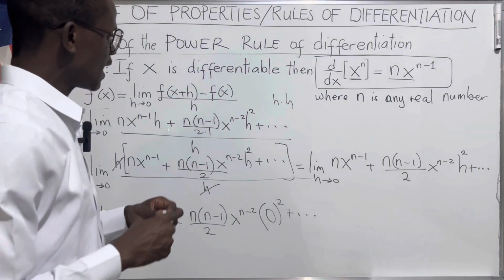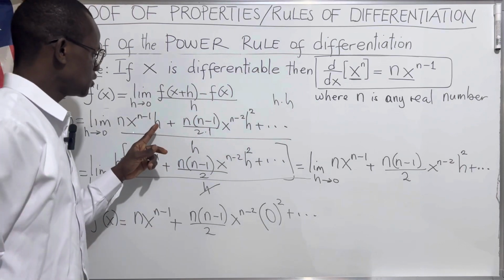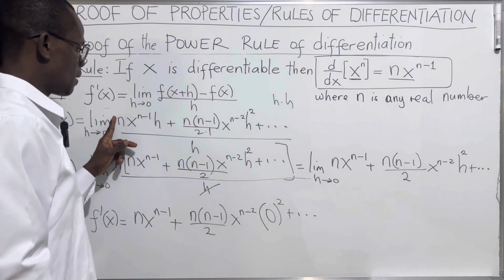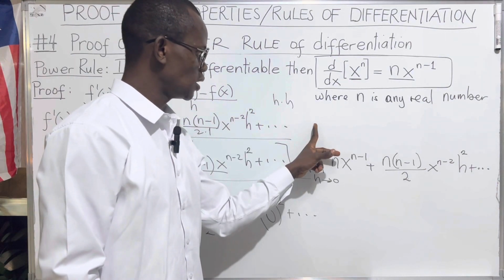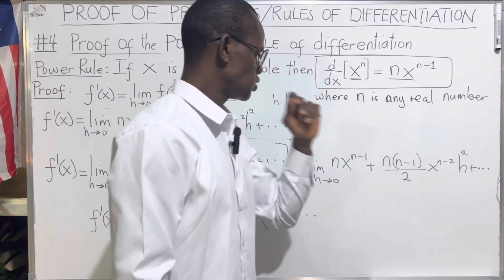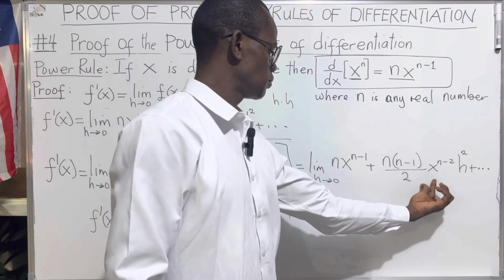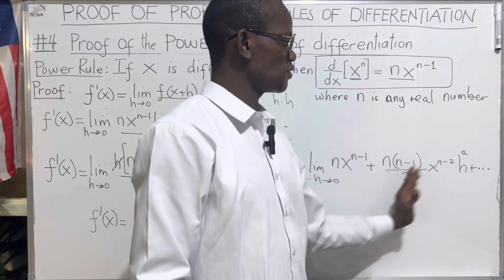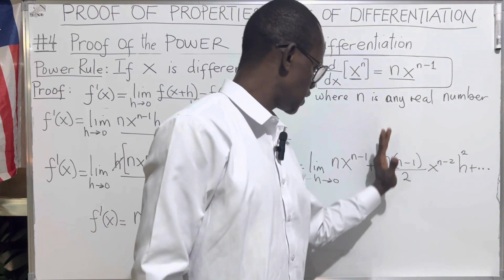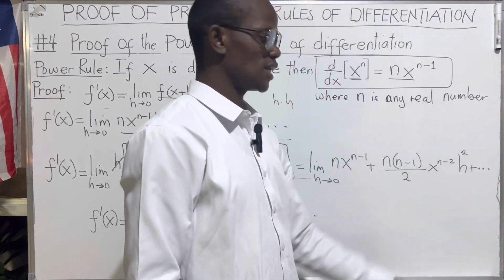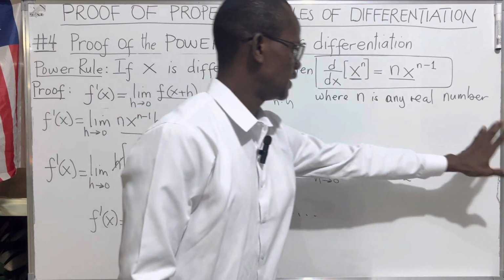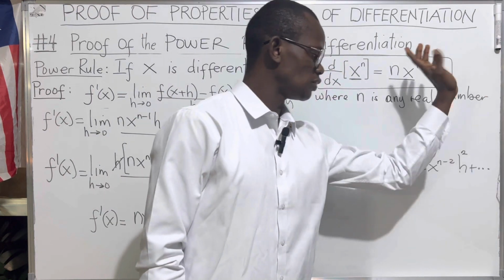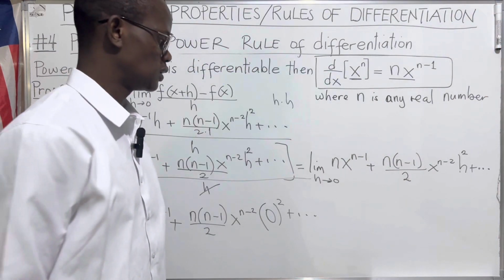Now notice that the power of h was increasing in the problem from h to the power 0 to h to the power 1, h to the power 2, h to the power 3, h to the power 4, and so forth. So beginning from this term, all of the remaining terms will end in 0, because if you put 0 here, this whole thing will go to 0. The next term will go to 0, the next term will go to 0, infinitely, all of them will go to 0.